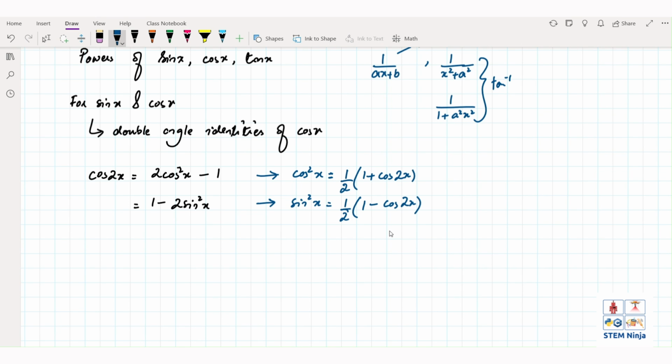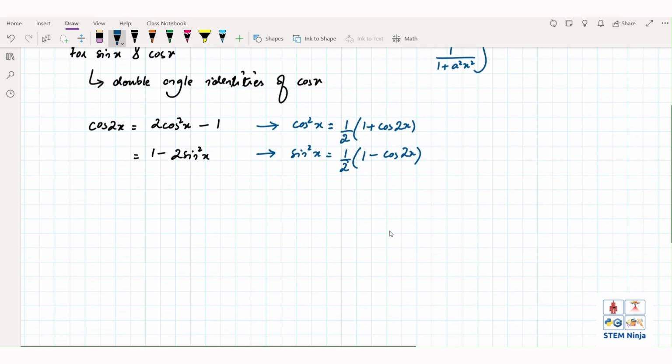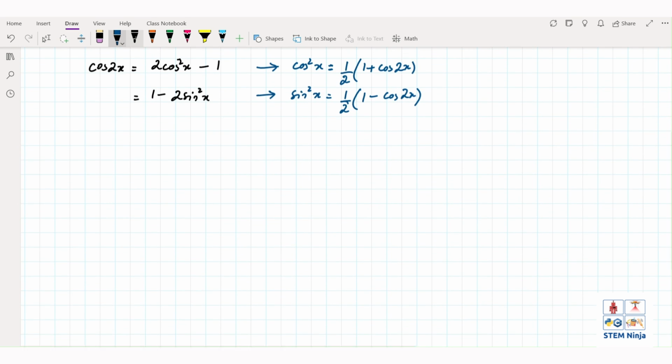Now let's see how to integrate these. For example, you are asked to integrate cos squared x dx. To integrate this, we have to integrate this expanded form, 1 over 2, 1 plus cos 2x dx. So 1 over 2 is just a constant, it can come out.